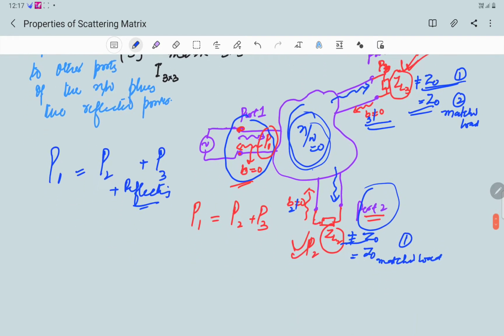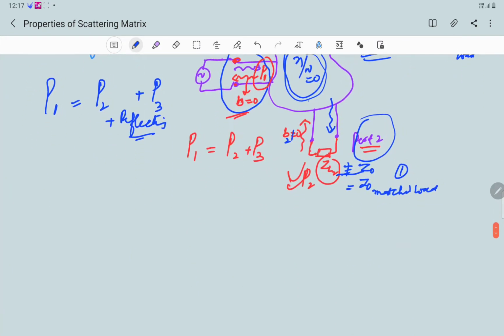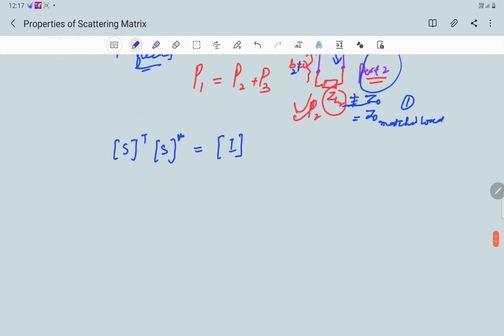So in terms of S parameters or S matrices, we say that for a lossless network, this condition, S transpose into S conjugate, has to be a unit matrix. Now let's take an example of a 3 cross 3 matrix.